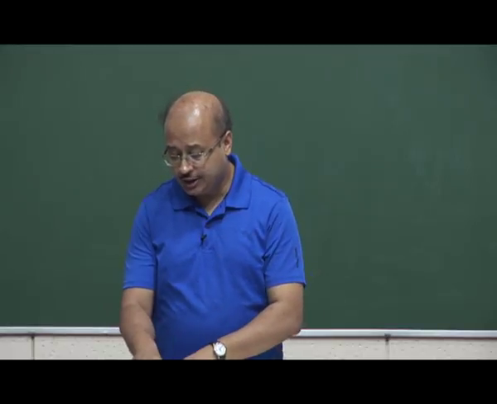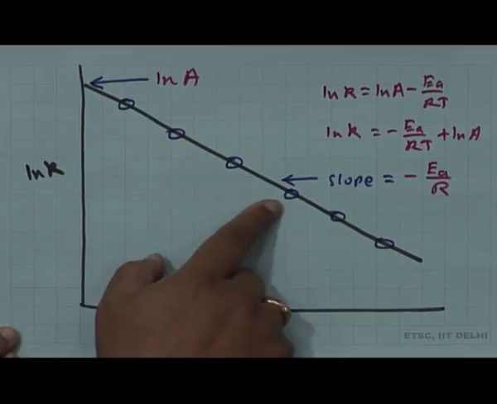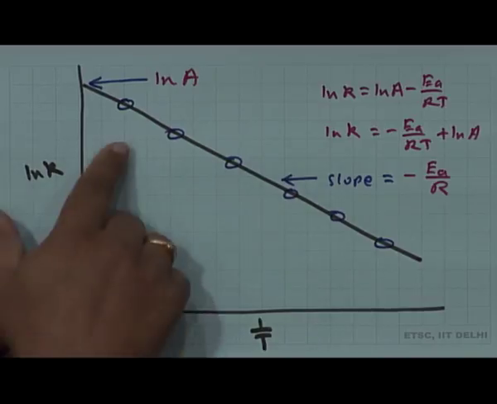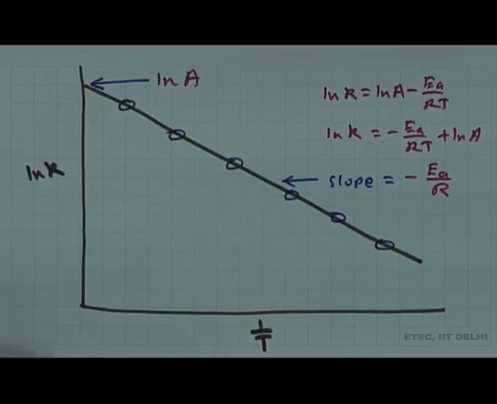And based on this you generate these points 1 by T. At respective temperatures you have the corresponding rate constants. Okay.